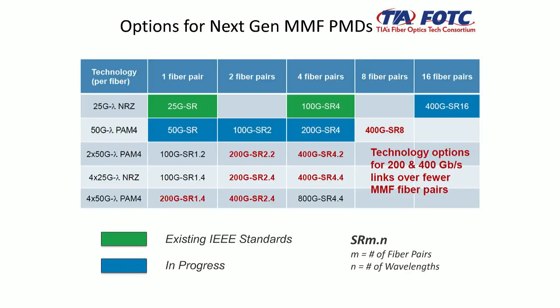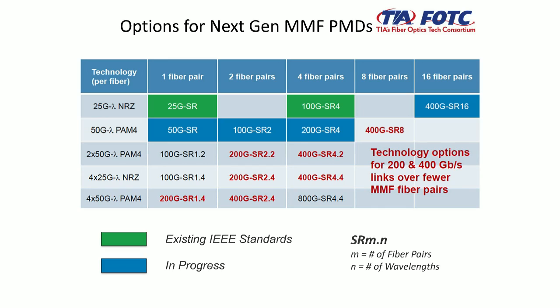A couple more slides. I just want to talk about going forward with all of these tools that we have: multiple fiber pairs, multiple wavelengths, and encoding. And you can see the 2 existing standards at the top there, 25 gig SR and 100 gig SR4. What's new here is instead of SR4, just the straight lanes, we've got SR4.N.